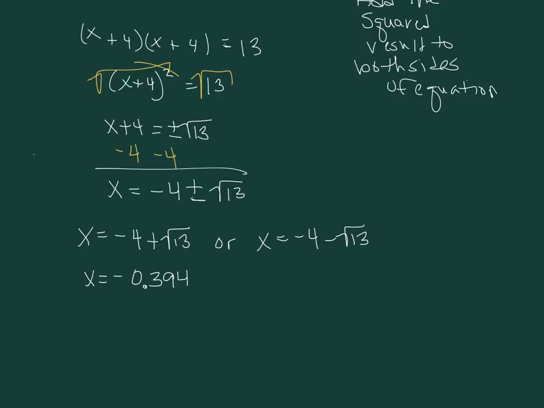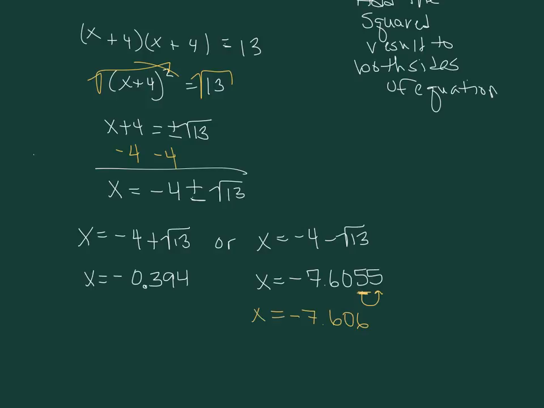And then negative 4 minus the square root of 13 is x equaling negative 7.6055, but I only want 3 decimal places, so I underline the third, look next door. Since that's 5 or greater, I add 1 more, so this is negative 7.606.